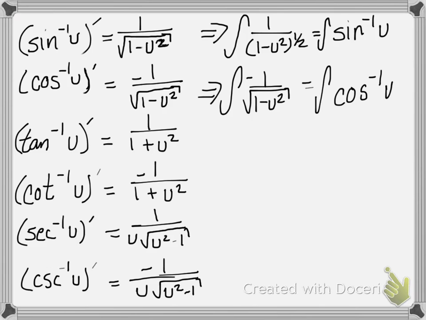Let's see. I think whenever you actually do that, you're going to lose the integrating sign there, since you would be taking the antiderivative of it, and those are the derivatives. A lot of stuff to keep straight.